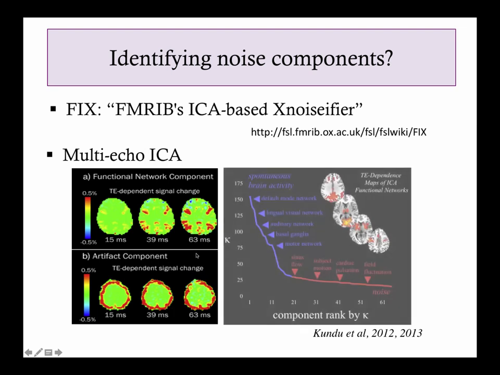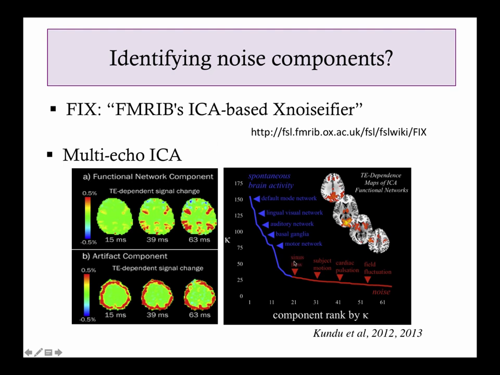And therefore, you can rank your ICA components based on how BOLD-like or non-BOLD-like they are, where most of the artifacts would fall in the non-BOLD end of the spectrum. And so this can be a way of trying to separate those components in a more automatic fashion.